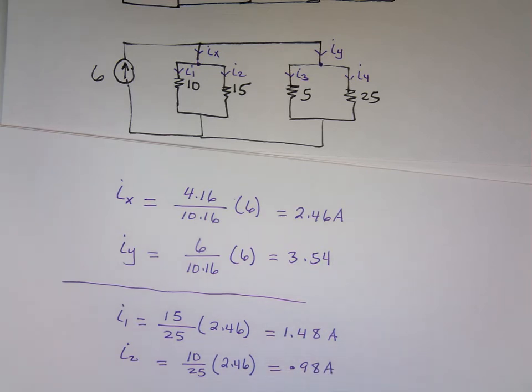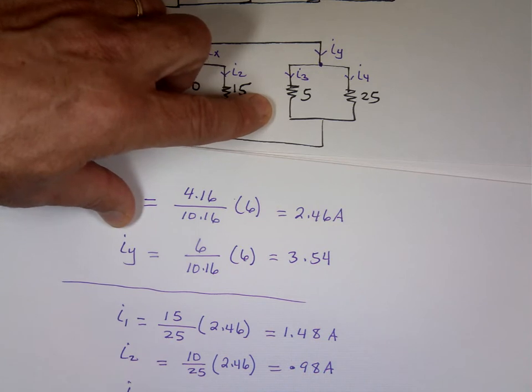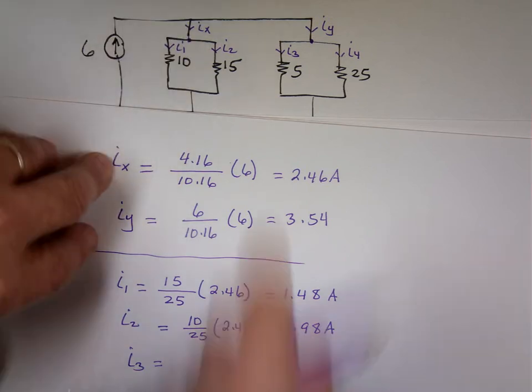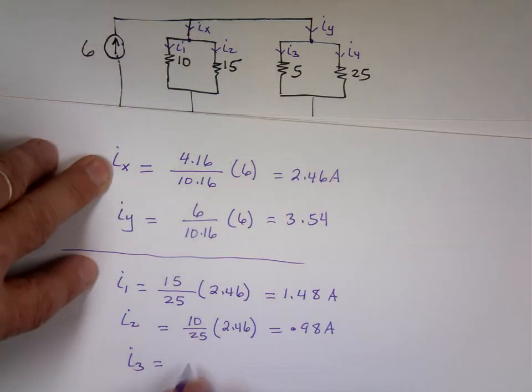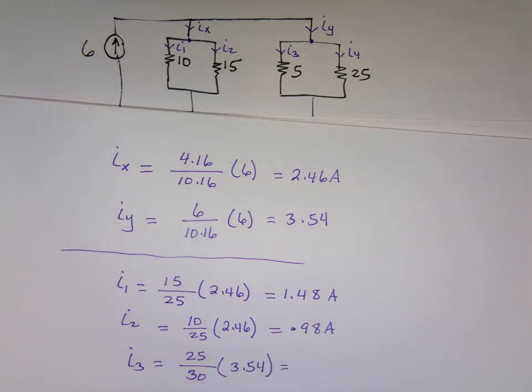Can I get I sub 3? I sub 3 is this current, so I have to use that resistor. 25 over the sum of them. What's 25 and 5? 30 times the current I sub y, and I sub y happens to be 3.54. 2.95.